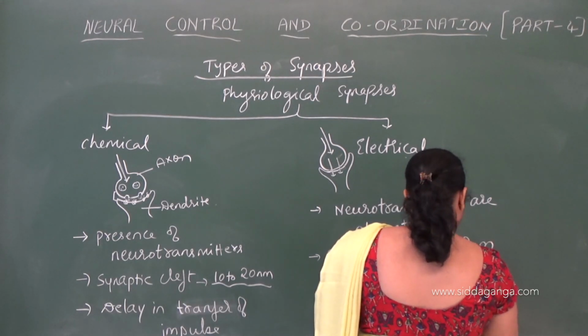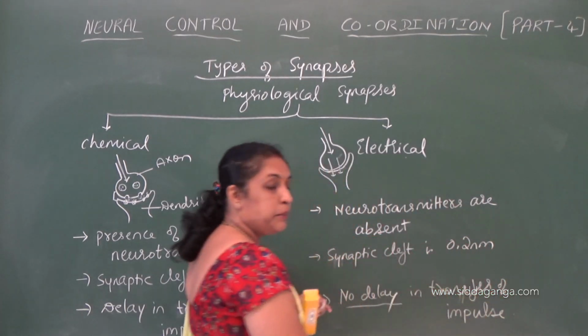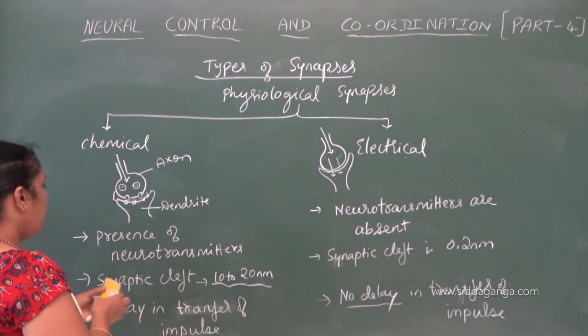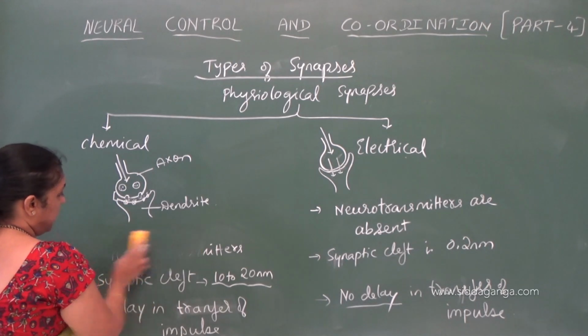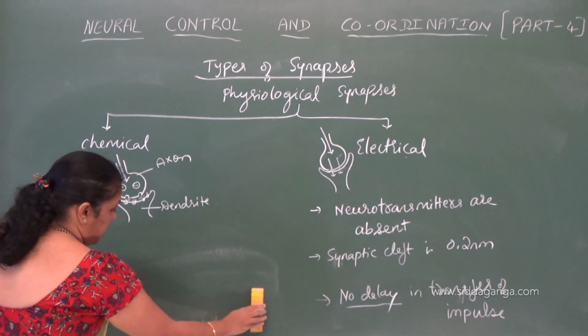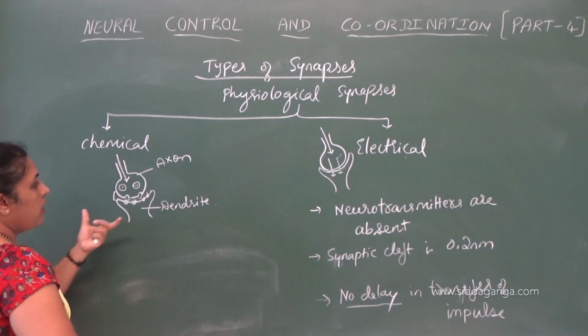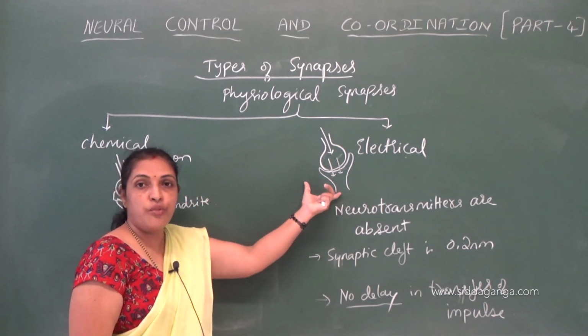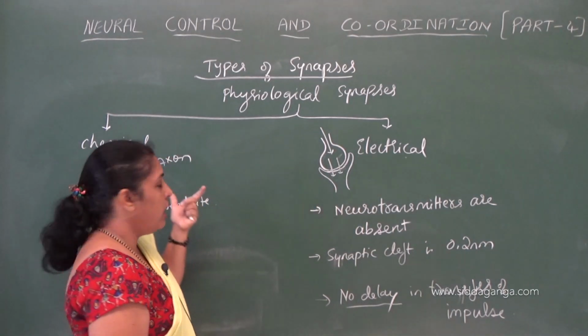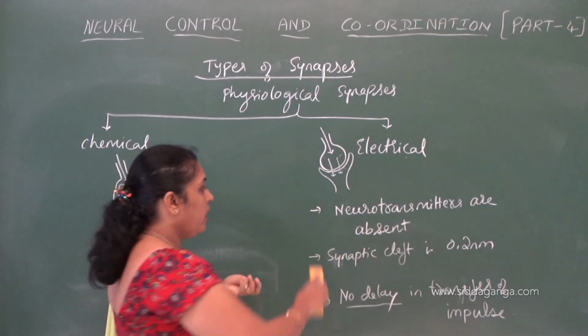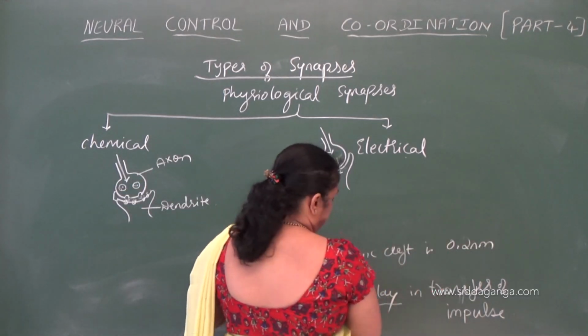There is no delay in transfer of impulse. And the other difference is the faster conduction of impulse is seen in electrical and a little bit lesser in chemical synapses.